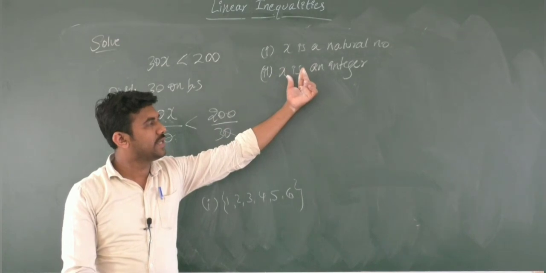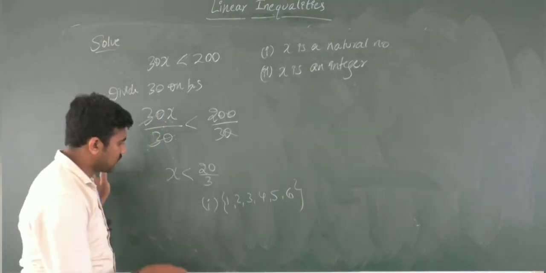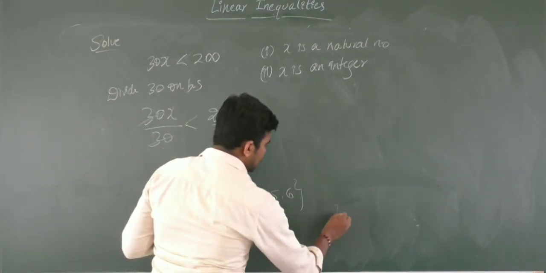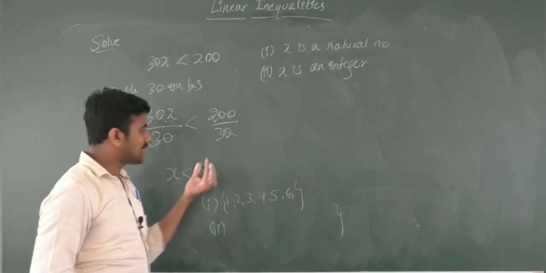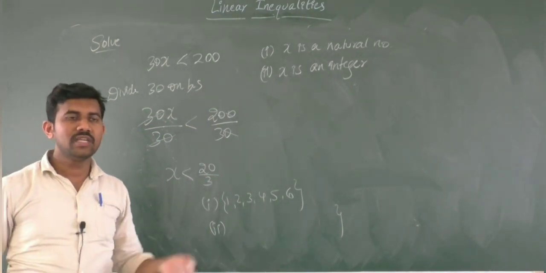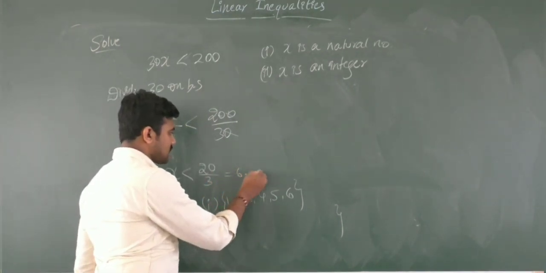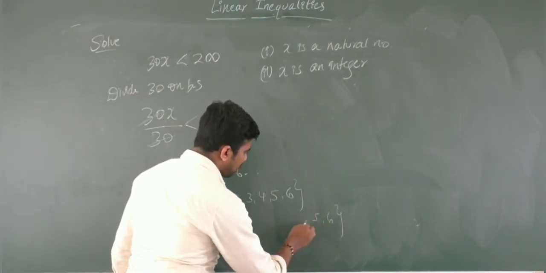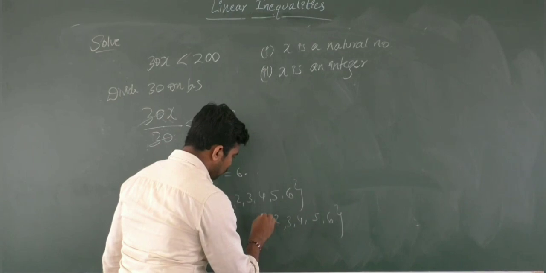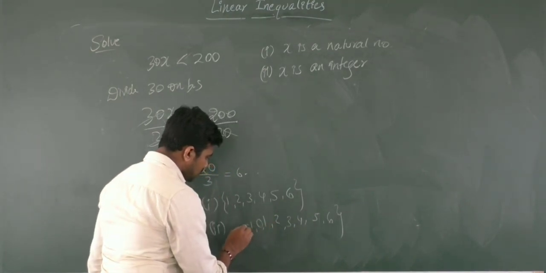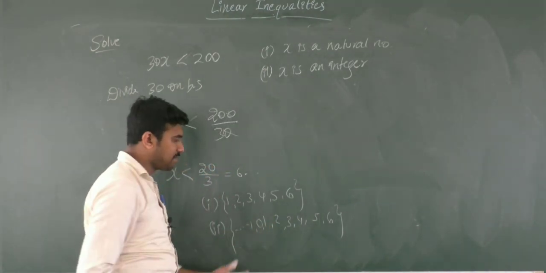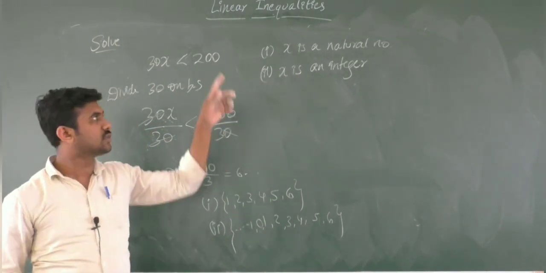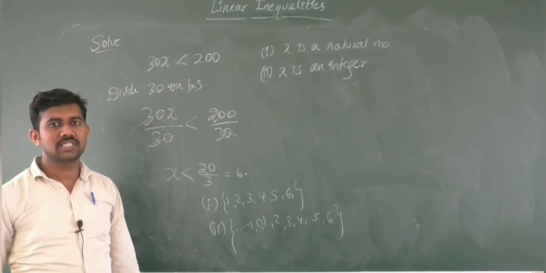Similarly, in the second case, when x is an integer, the solution set is the integers less than 20 by 3, or less than 6 point some value. That is 6, 5, 4, 3, 2, 1, 0, minus 1 and so on, it decreases. This is the solution set of the given inequation when x is an integer.